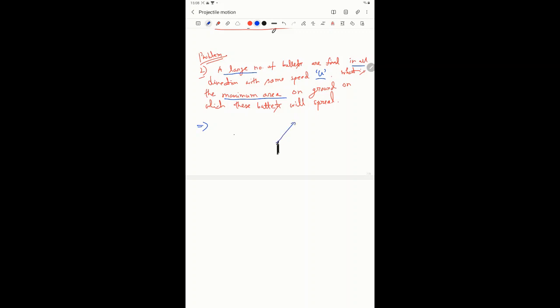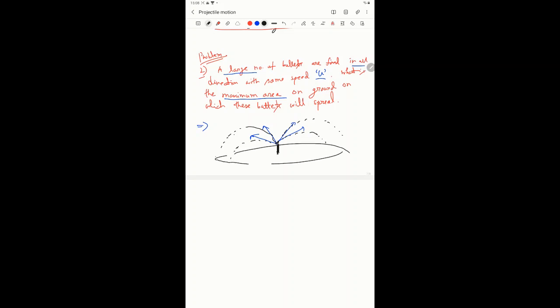In this direction, this direction, this direction, bullets are being fired at different angles with the horizontal. So this bullet will fall here, this bullet will fall here, and so on. So what is the maximum area?